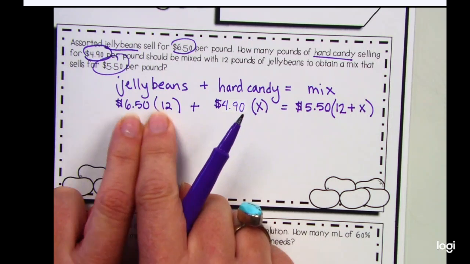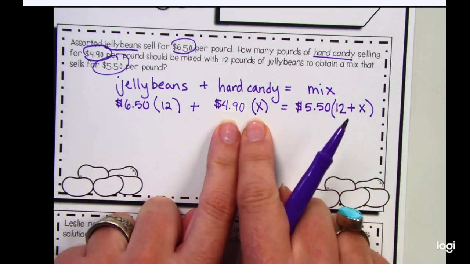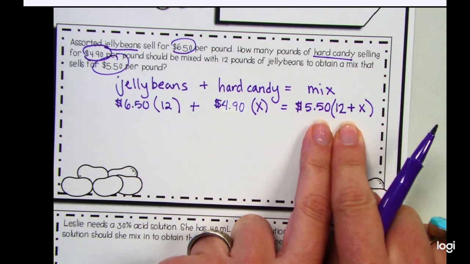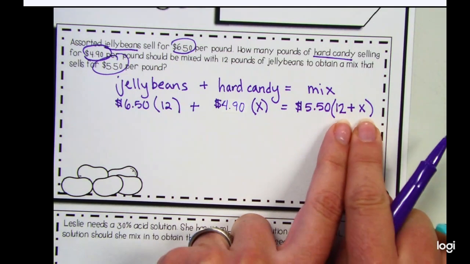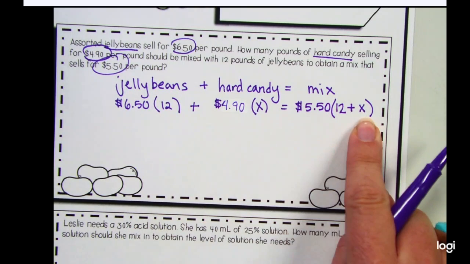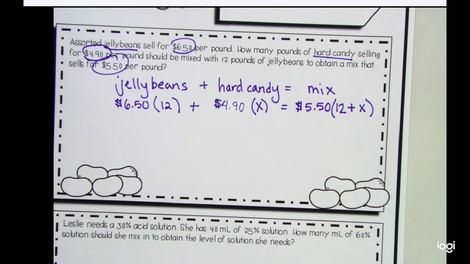This step right here was okay, right? How do you feel about what it equals over here on the right-hand side? You see where it came from? Our mix is 5.50. What are we doing? Just our pounds added together. Now do we have an awesome equation that we can solve for?